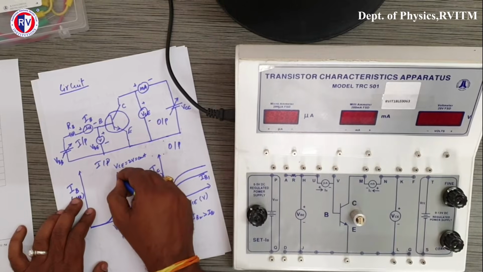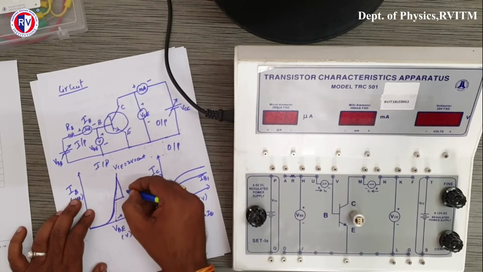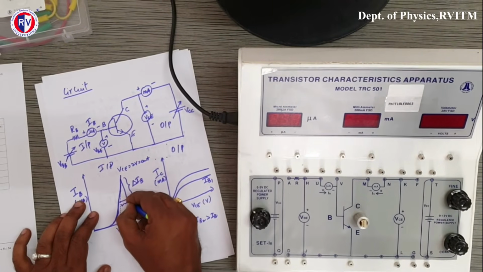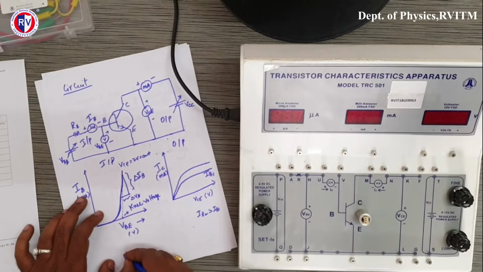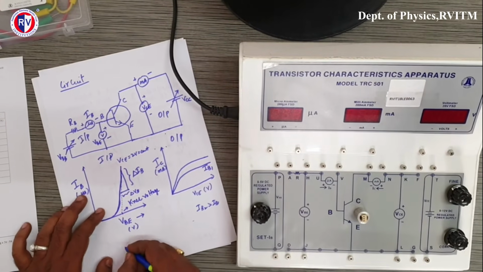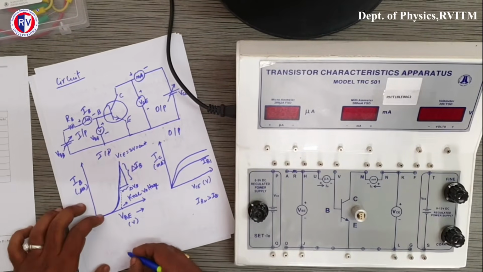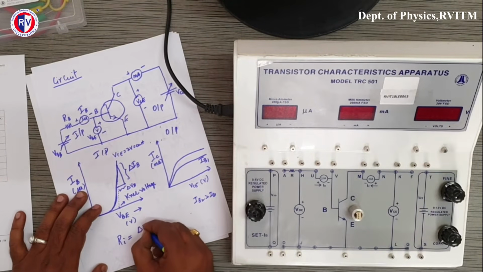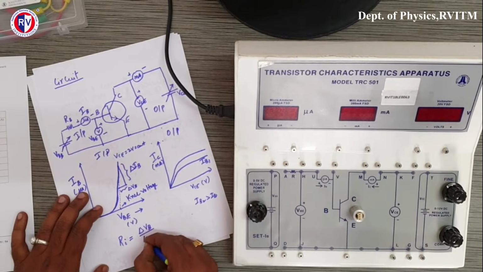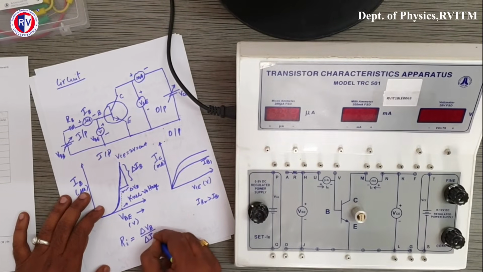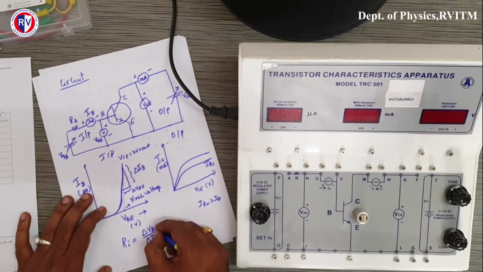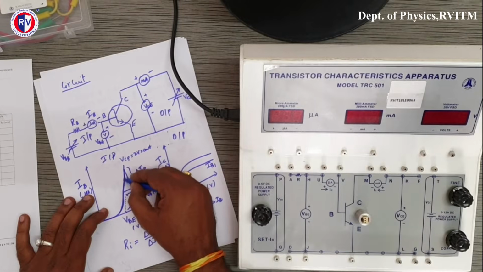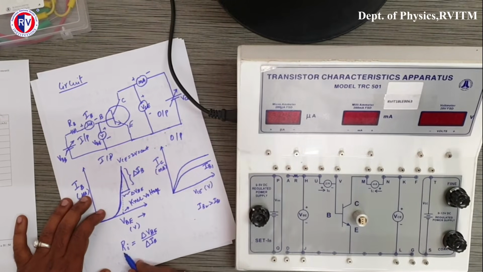Now we take a slope, say delta IB and delta VBE, making use of Ohm's law for the linear portion. So input resistance will be equal to delta VBE divided by delta IB. The slope of this curve, inverted, gives you the input resistance.